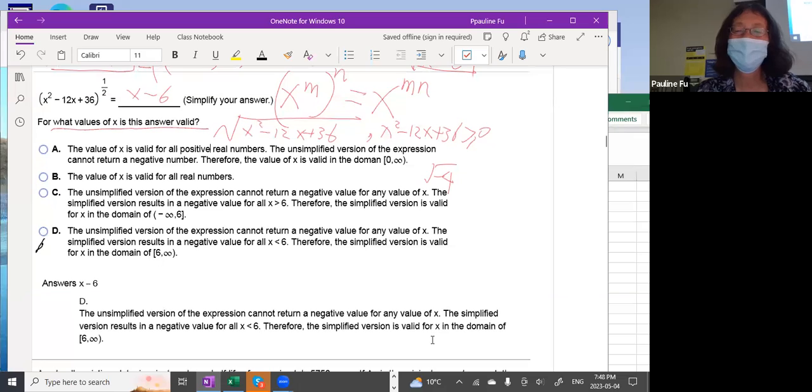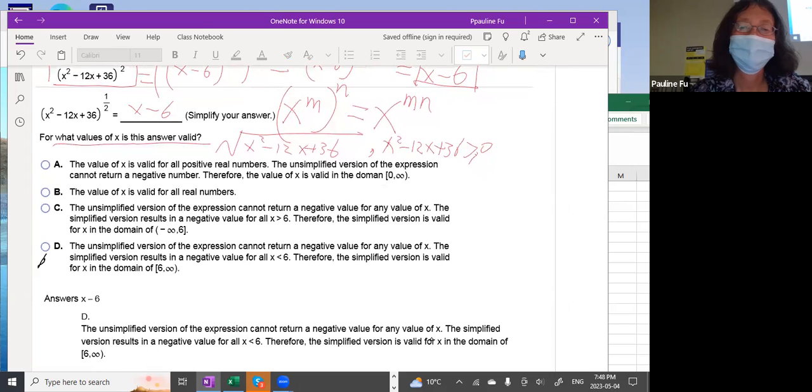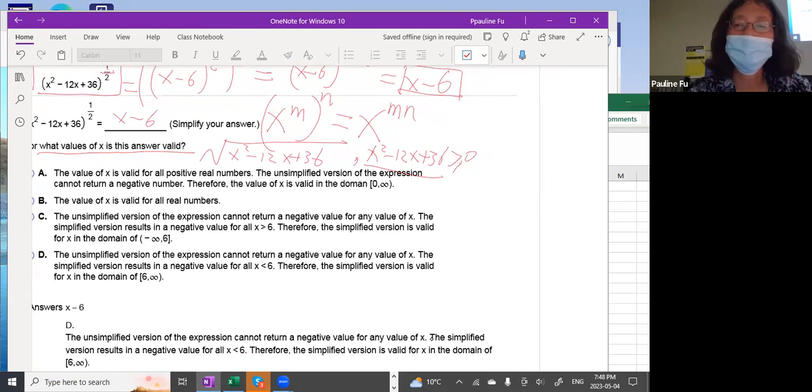And from here, you actually solve the inequality. So for what x is this one greater than or equal to 0? And then this part, you can simplify: (x minus 6) squared greater than or equal to 0.